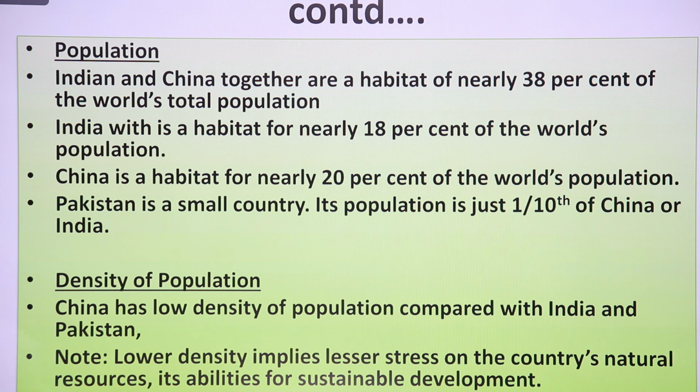They have a better environment, better air to breathe, better facilities, better natural resources and better forest cover. In India we have a lower percentage of forest cover and other facilities because our population and density are very high. But in comparison to India, China's density of population is low and that's why it is better.